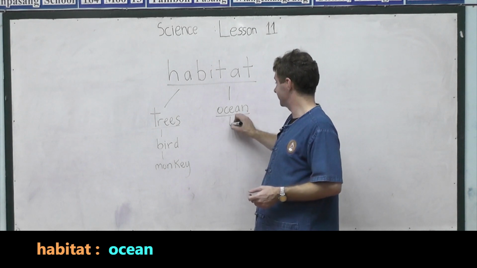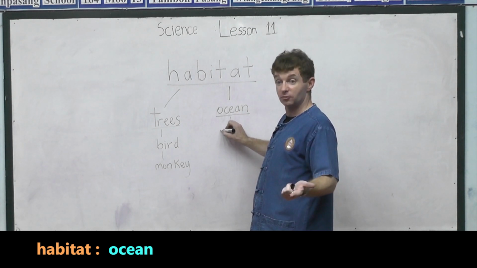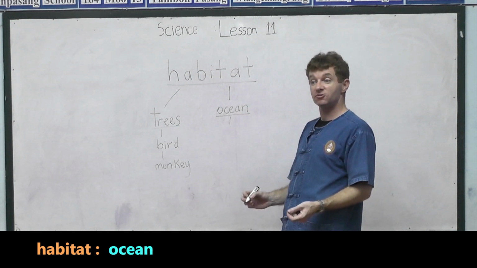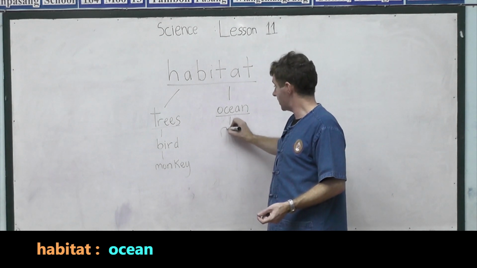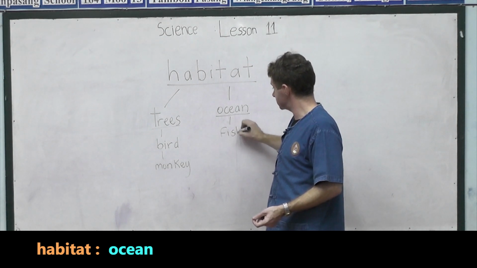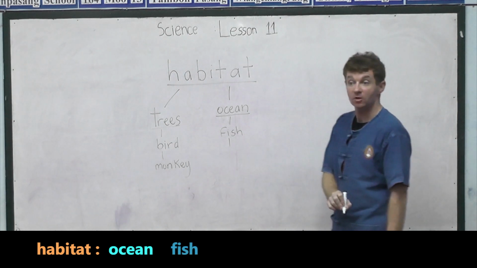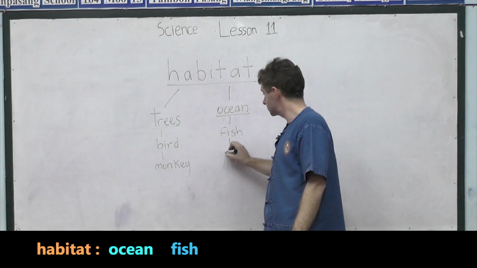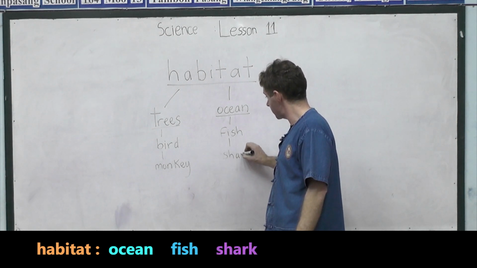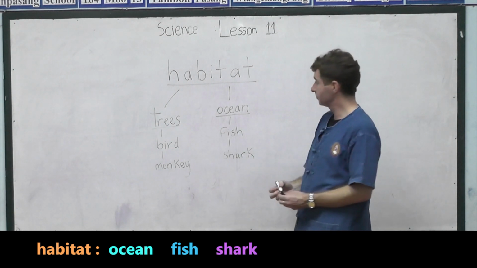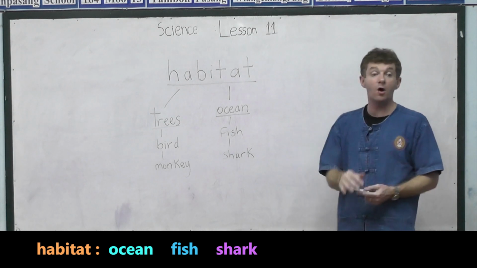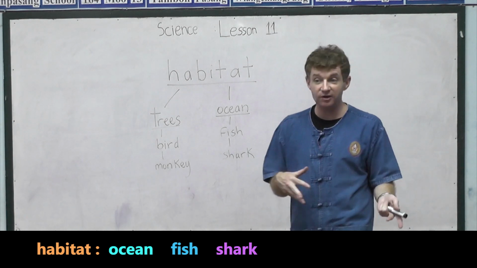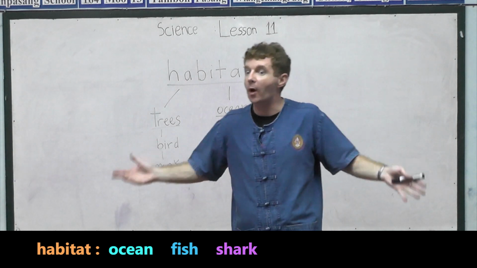Yes. So fish first. How do we spell fish? F-I-S-H. Shark. How do we spell shark? S-H-A-R-K. Dugong, octopus, jellyfish, seahorse, whale.